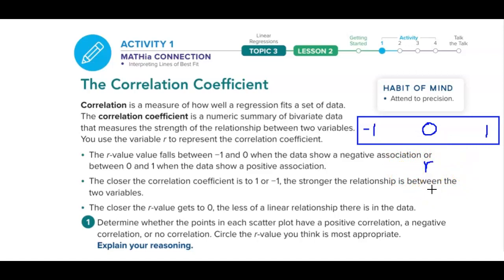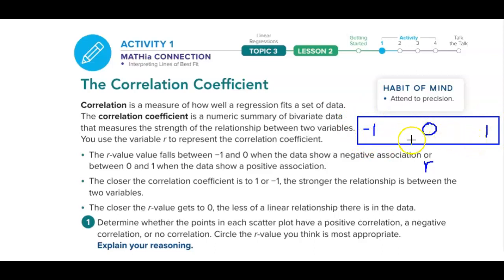So if the R value is close to either -1 or 1, over here on the edges of the rating system, the relationship between the variables is very strong. Either a very strong negative relationship or downhill slope, or a very strong positive relationship or uphill slope.